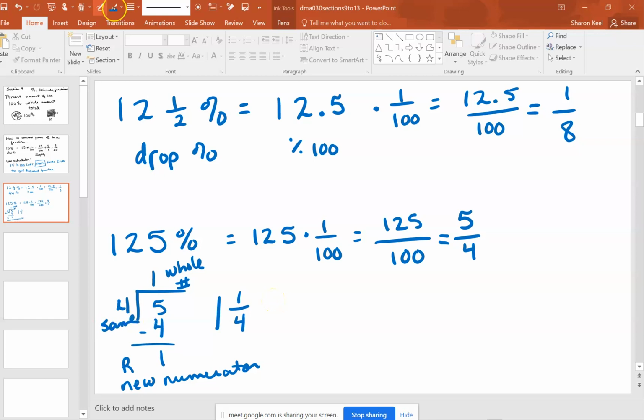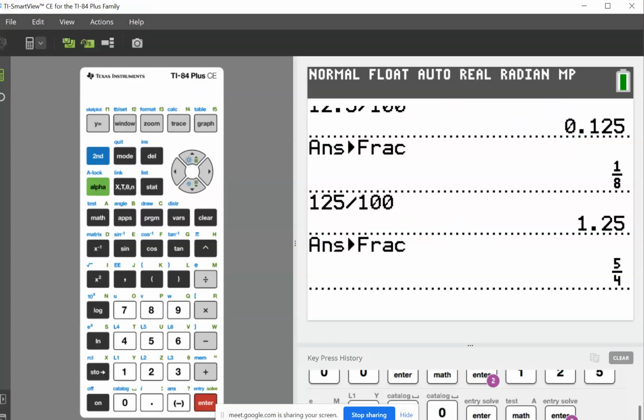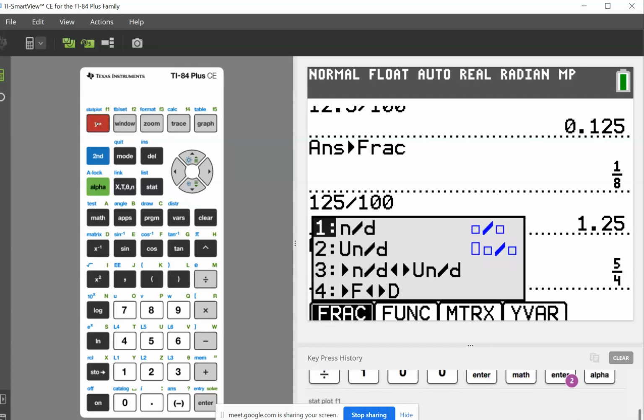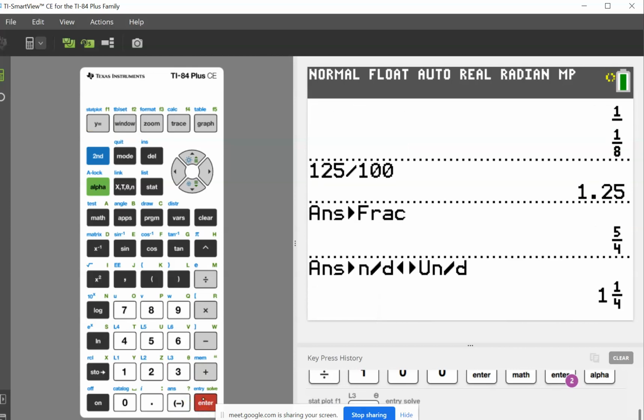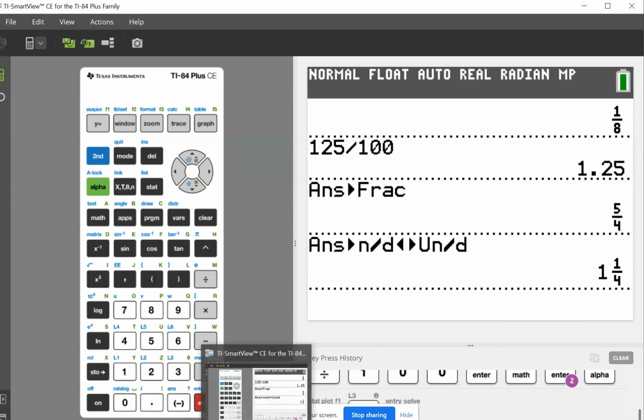Another way we can do this on the calculator to convert it, and this is super simple. If we have 5/4 and we want to make it a mixed number, I'm going to press the button that says alpha y equals, and then I'm going to come down here and choose number 3. That's where it takes a fraction and changes it to a mixed number. So I'm going to choose number 3, 1 and 1/4.